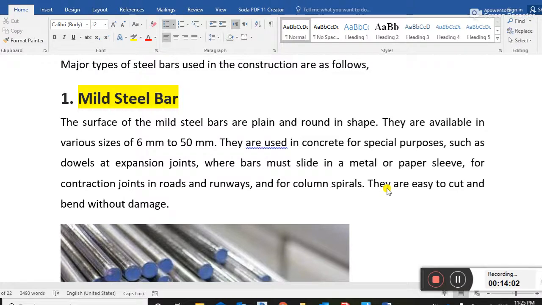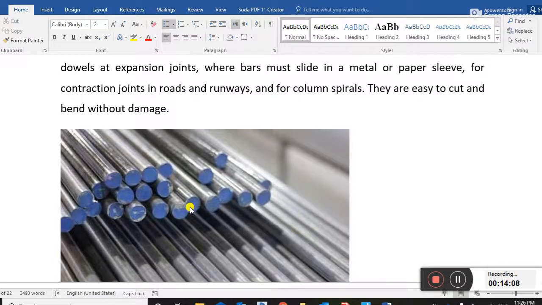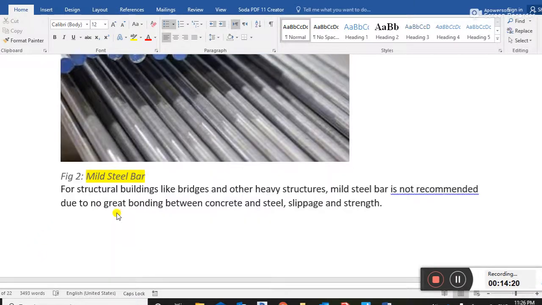They are easy to cut and bend without damage. Guys, the elongation and resistance to bending of this mild steel is much higher than TMT.